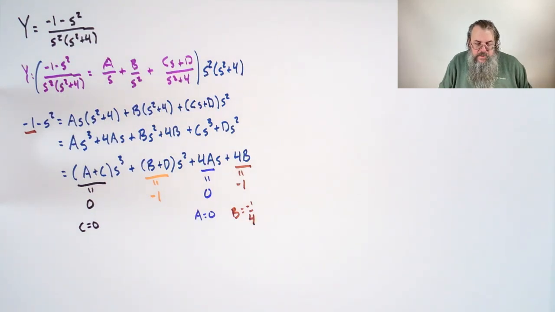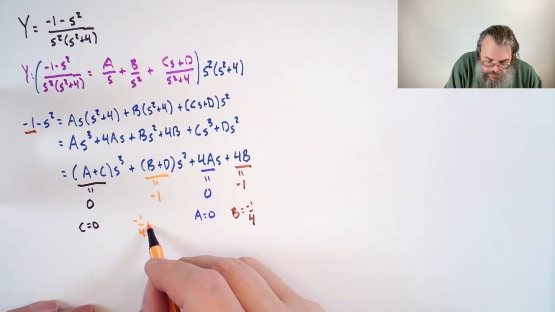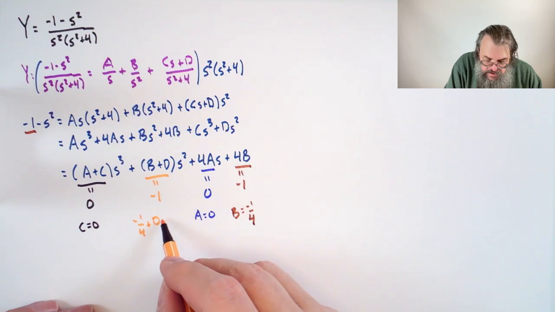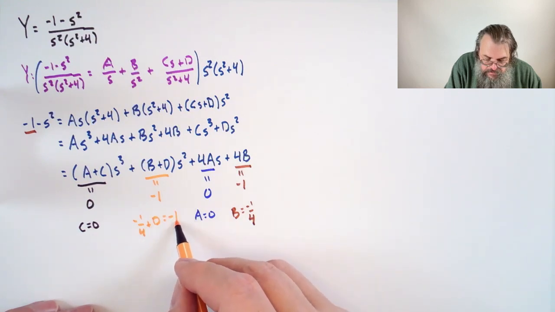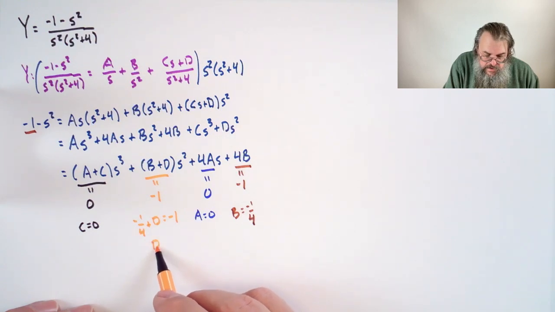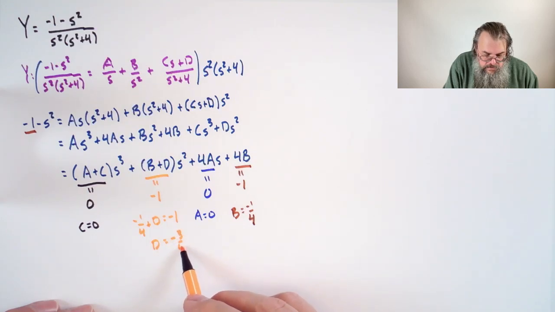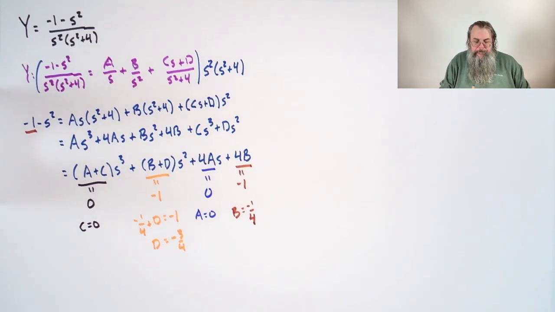And we come over here, we see that -1/4 + d has to equal -1. So add a fourth to both sides, and we get that d should equal -3/4. Okay, so there we go.